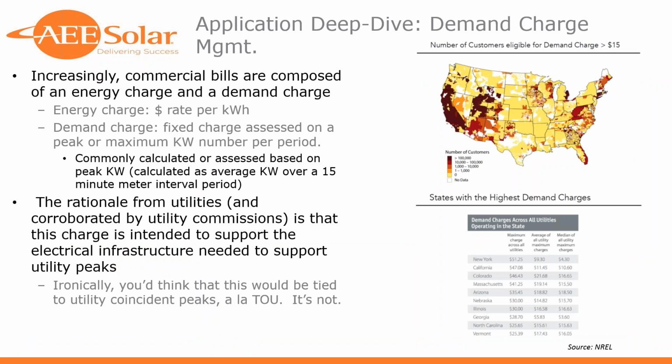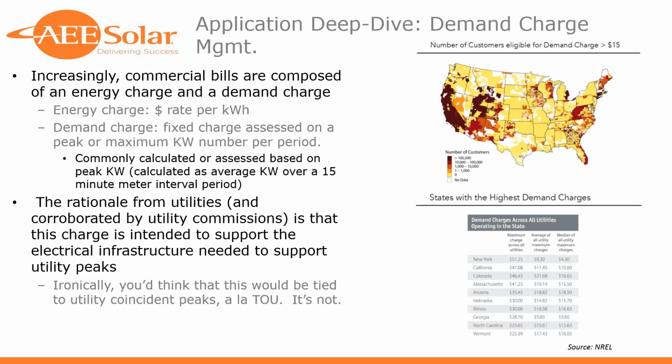So hopefully this is a review for most of the people on the phone, but what's a demand charge? Well, commercial bills, I won't say predominantly, but increasingly are composed of two different charges or sets of charges.